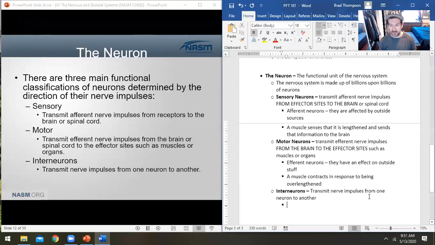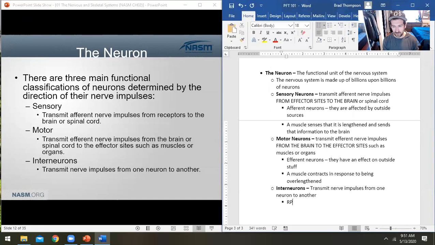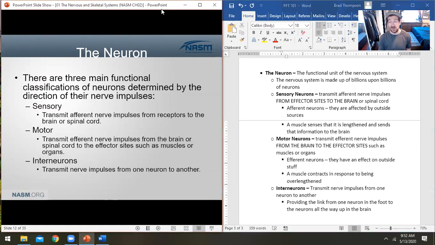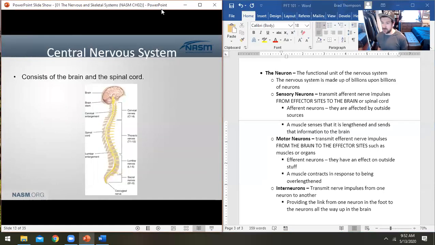So these are providing the link from one neuron in the foot to the neurons all the way up in the brain. That's a pretty long distance, right? Being able to make that information travel all the way from one place to another. That's why you have interneurons.